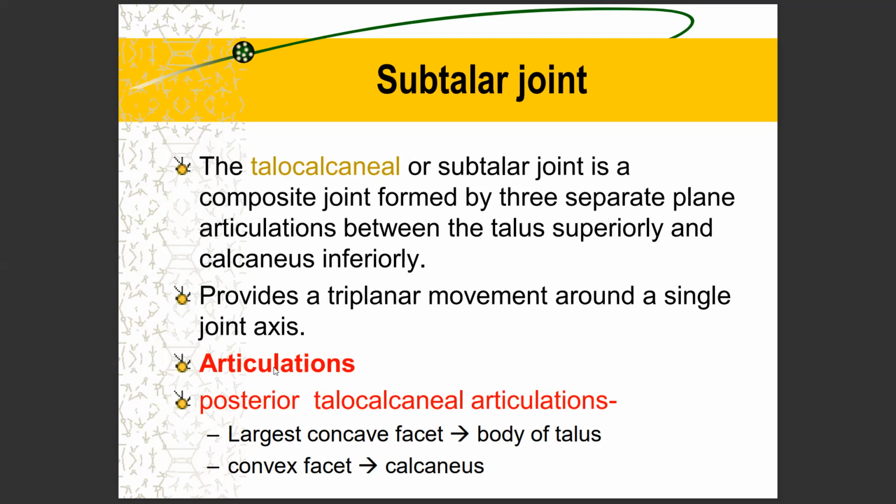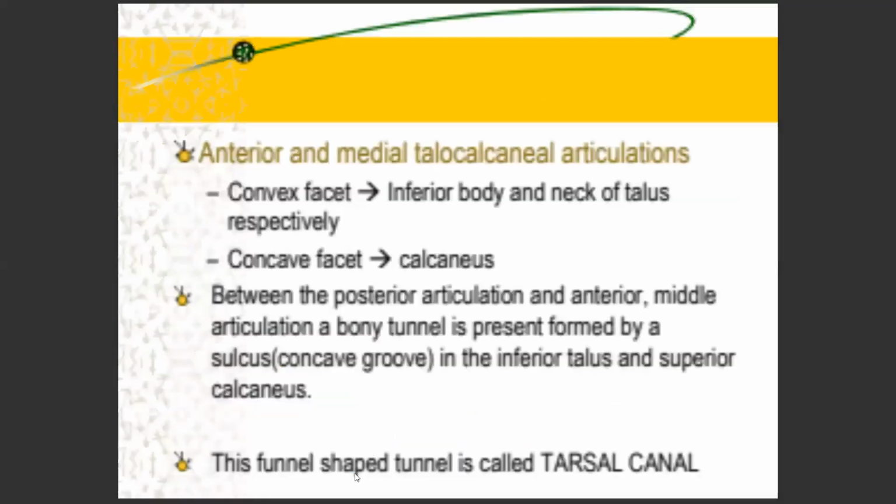If we talk about the articular surfaces, the posterior talocalcaneal articulation has the largest concave facet, which is on the body of the talus, and the convex facet, which is on the calcaneus superior surface.